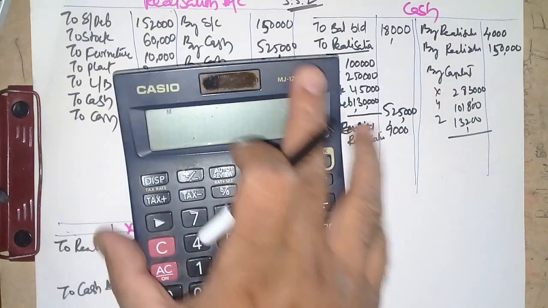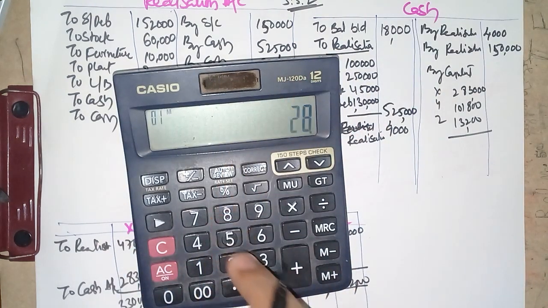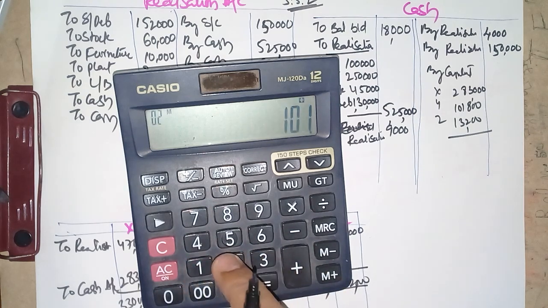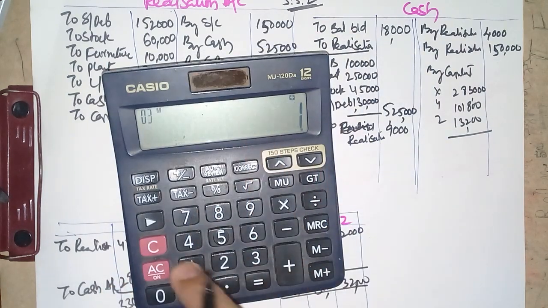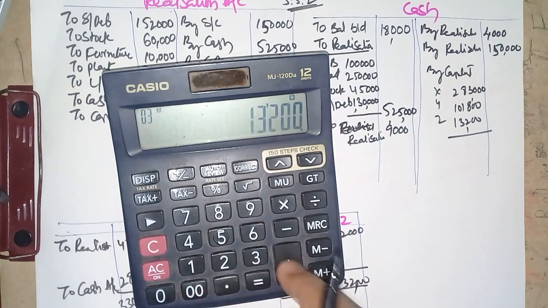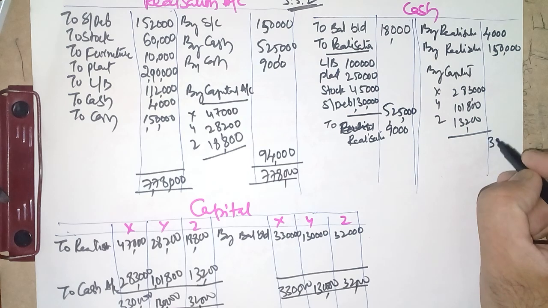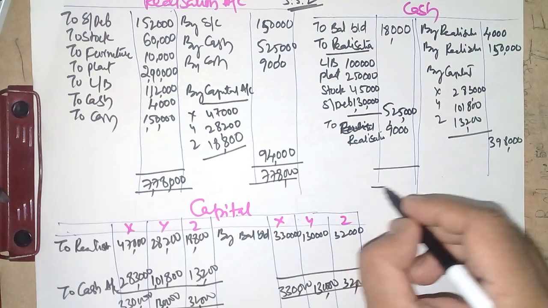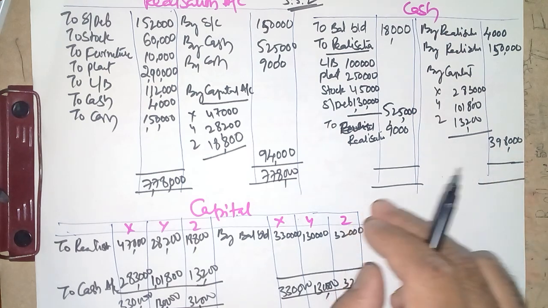The summation is 2,83,000 plus 1,01,800, right? Then 13,200. So the summation comes to 3,98,000.